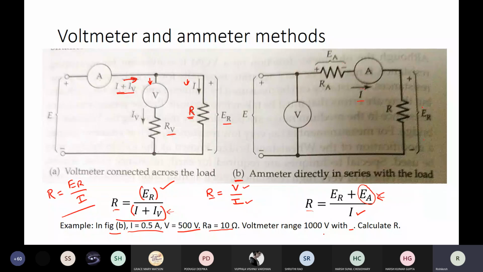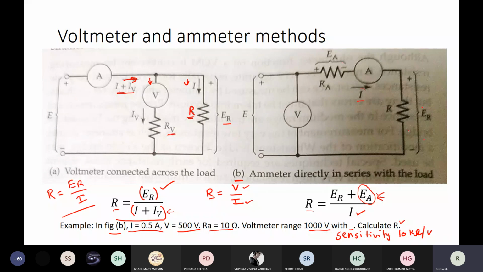The voltmeter which is used has a range of 100 volts with a sensitivity of 10 kilo ohm per volt. So we are asked to calculate the resistance R.